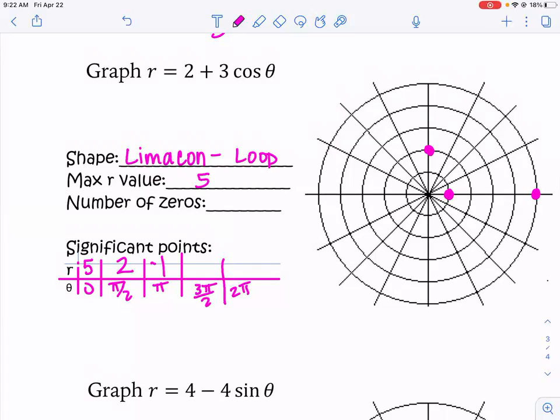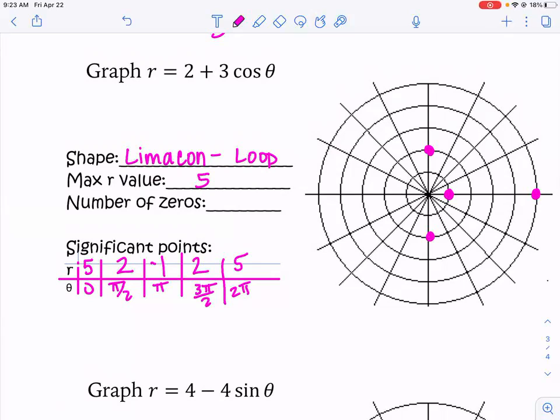Okay. Think silently about what the cosine of 3 pi over 2 is. 2 plus 3 cosine of 3 pi over 2 would give us 2, and then plugging in 2 pi gets us back to this coordinate right here.